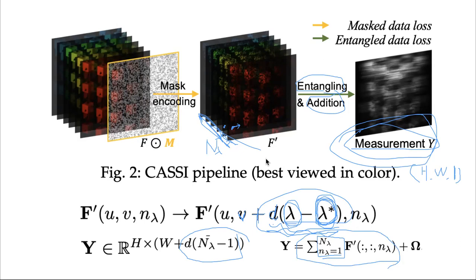F prime is the output from the first stage, which is the mask-coded cube, plus some noise denoted as sigma.